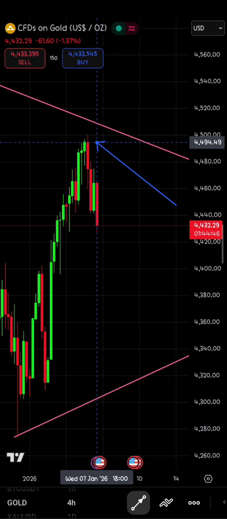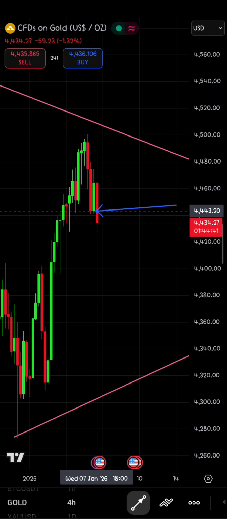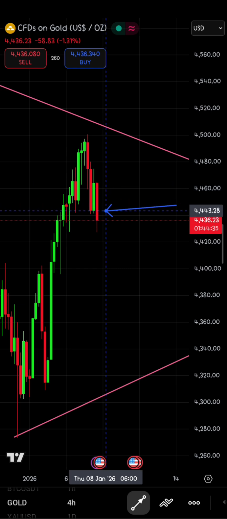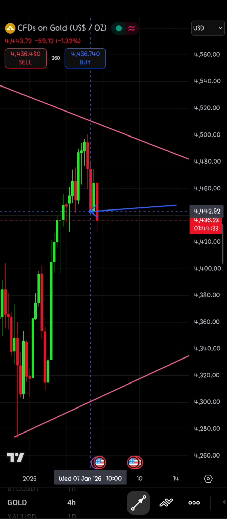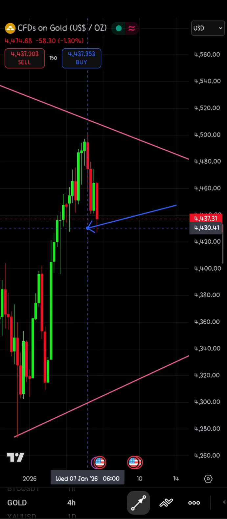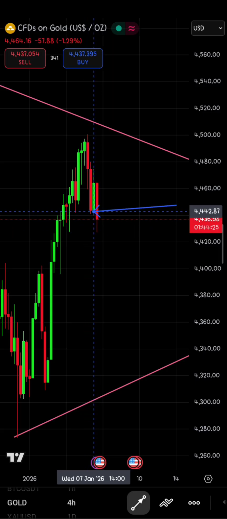But most of the time, resistance is where sell limits are placed, and support is where buy limits are placed. So by pushing down and touching support, which means buy limits are triggered, the price dumps down further to clear off buy volumes or buy positions triggered from this support.